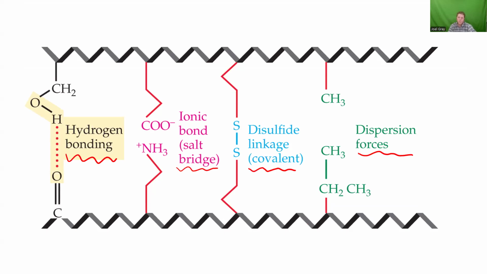Okay, so when we look at these different options, I want you to be thinking about placing the amino acids and saying which ones can participate in which type of interaction. So we're going to classify and identify amino acids that are most likely to participate in one type of interaction. Okay, so we're going to first look at hydrogen bonding.